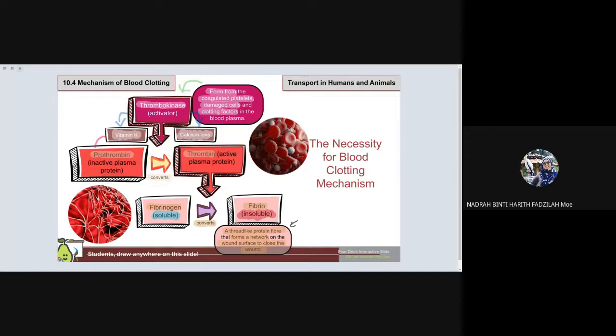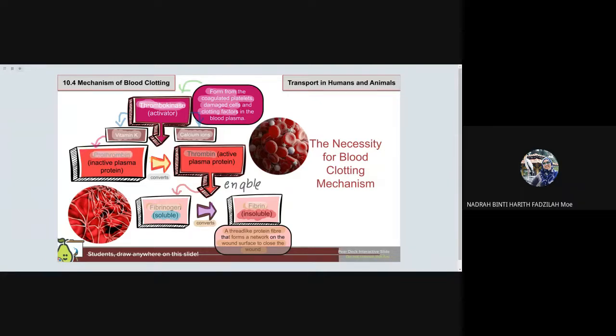So take home point kat sini ialah untuk fibrinogen tukar jadi fibrin, there must be a presence of thrombin. Thrombin tu yang akan enable the conversion between fibrinogen and fibrin. Tapi untuk mewujudkan thrombin ni, kena convert daripada prothrombin. So siapa yang convert? Thrombokinase.